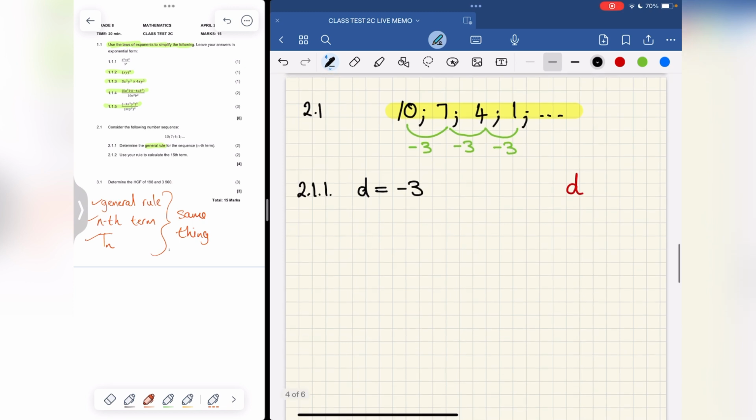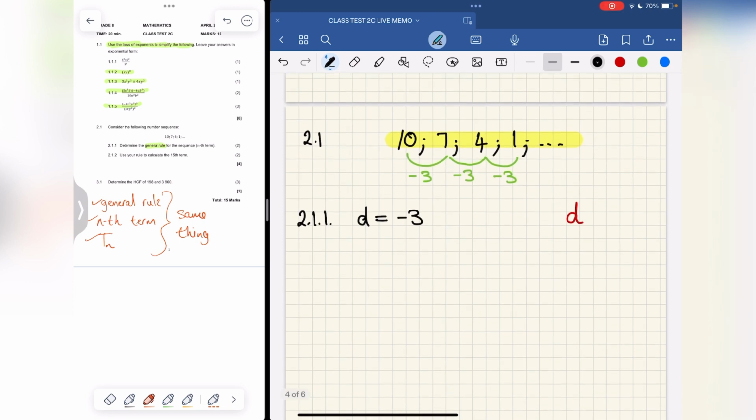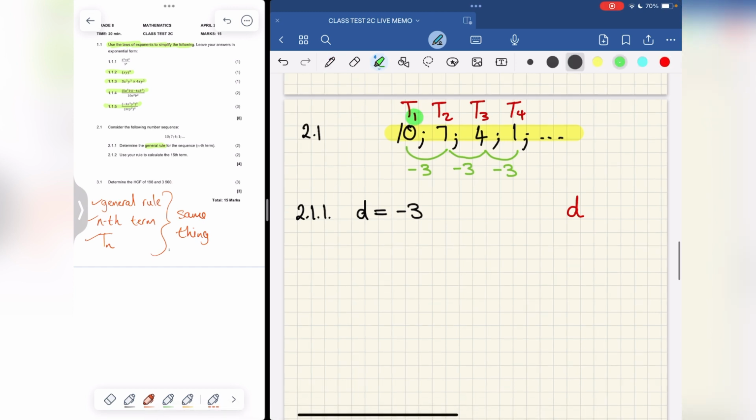So we've got here term 1, term 2, term 3, and term 4, and of course it continues. The position we're referring to is those numbers at the bottom there. That is your term position: 1, 2, 3, 4.